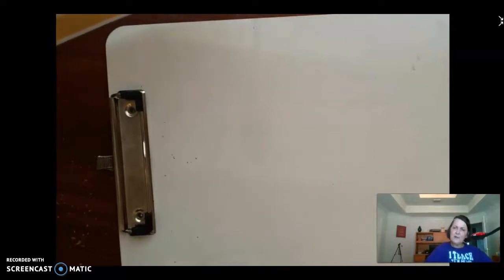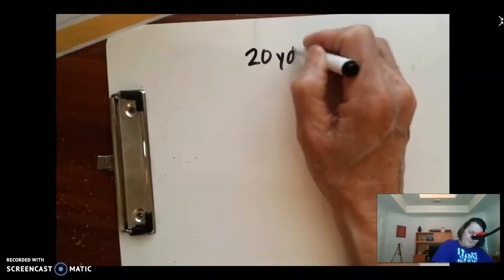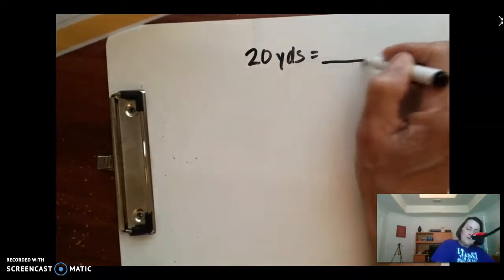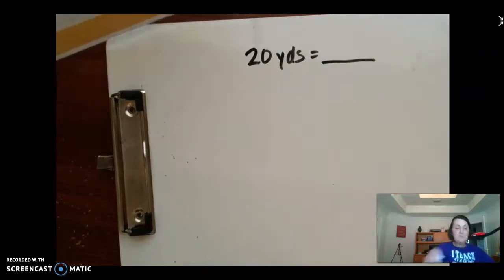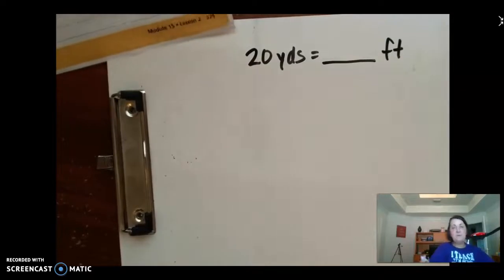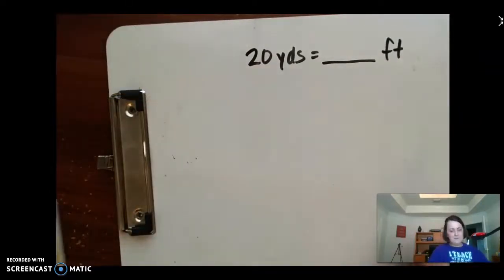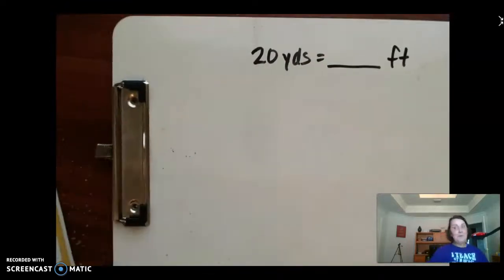Is she correct? So we know it's 20 yards long. And we are going to convert it to feet because she says it's 720 feet, but we don't know. So let's find out how many feet are in 20 yards.